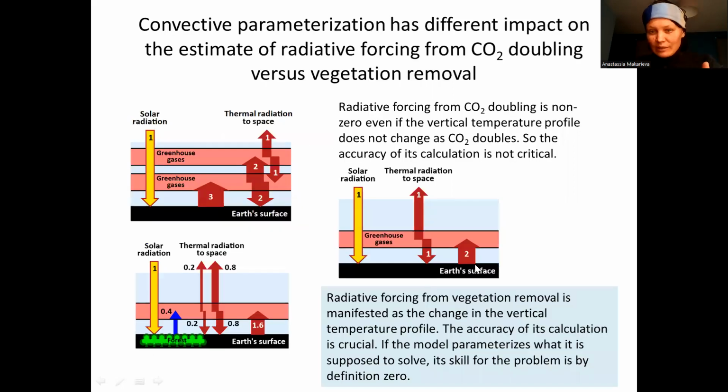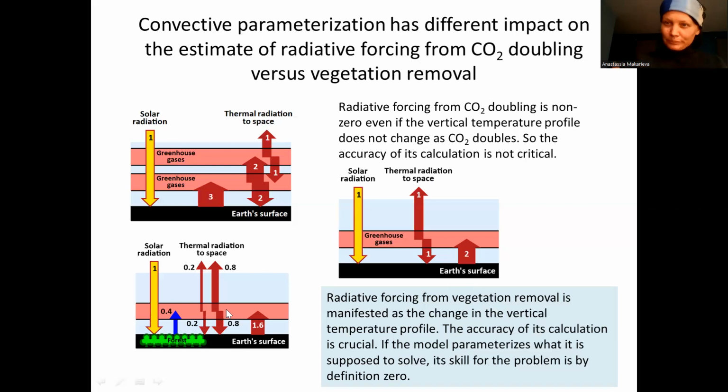But as we discussed, here we have a warmer Earth, and here we have 1.6 and a colder Earth, which means that if this layer has the same temperature, because emission to space didn't change, then here the temperature gradient is smaller. So the difference in temperature between this height and this height is smaller here than here.